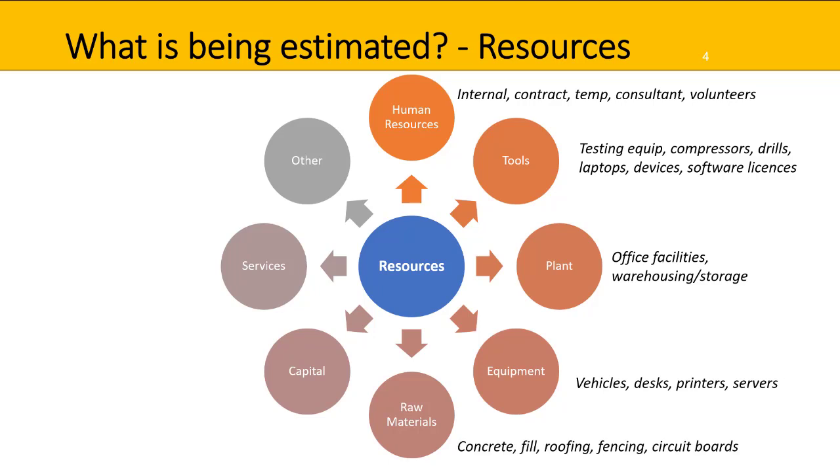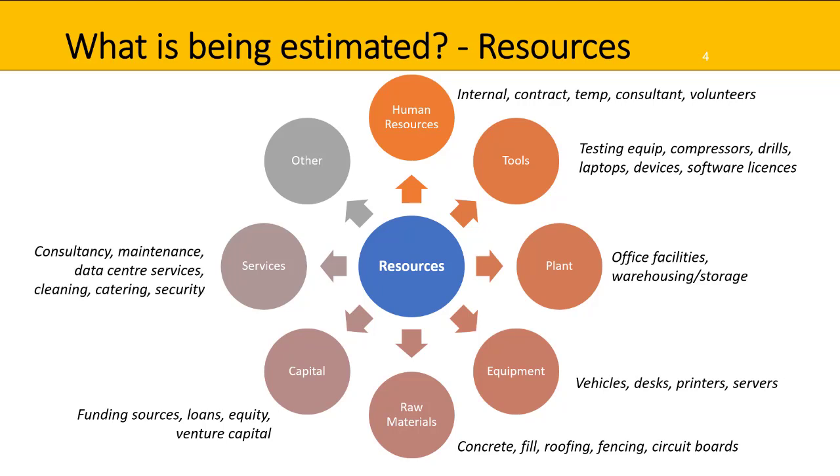If you're producing a particular product, you may have raw materials that are needed like concrete, fill, roofing, fencing on a renovation project, or perhaps on an IT project, something like circuit boards. In terms of capital, you'll need to consider funding sources such as loans, equity, venture capital. And under services, what different services your project's going to need.